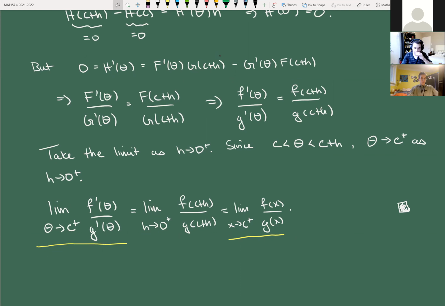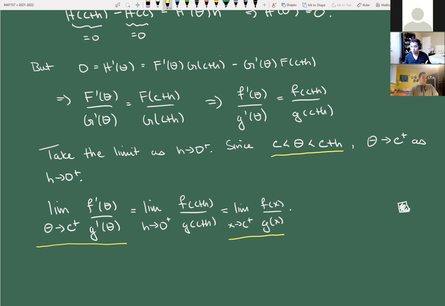The only reason that we really do it this way is because we want to be able to just look at this and not have to say, oh, well, if theta's in the left side, then it approaches from the left, and if theta's in the right-hand side, it approaches from the right. You don't want to have to do both of those at the same time. So you just say, okay, let's pretend that we're just on the right. That way we can guarantee that theta approaches c from the right as well. It's just going to make the language a little bit easier.